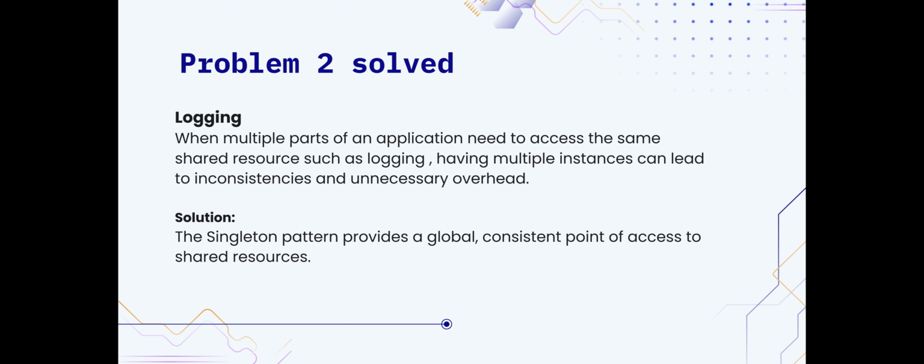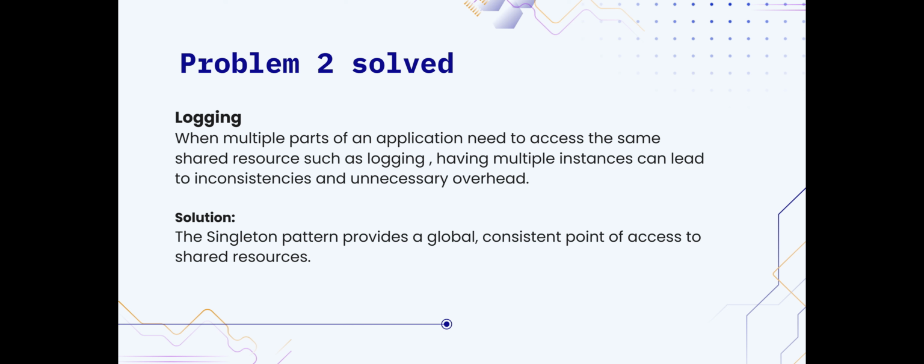Another problem it solves is logging. Logging is when we display messages in the terminal. When you are doing software development, a lot of messages will be printed, especially when you need to debug, you need to read the log file.